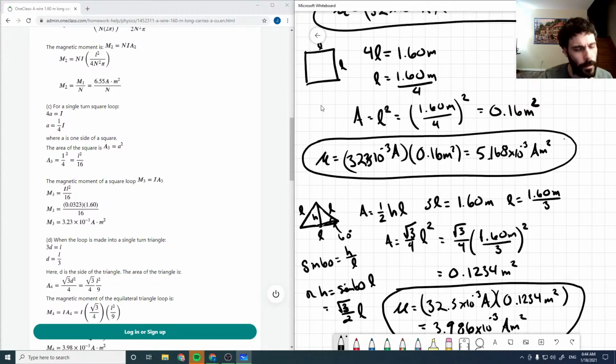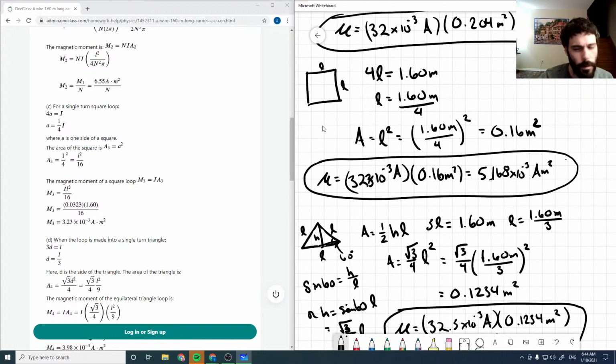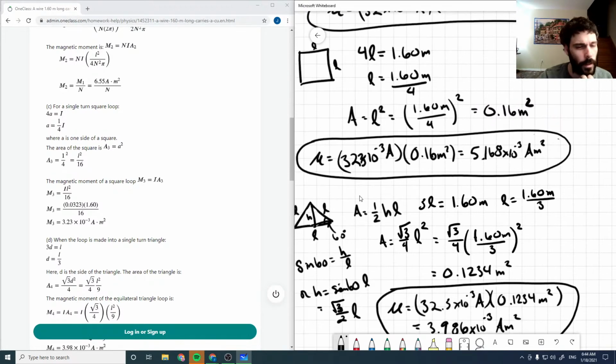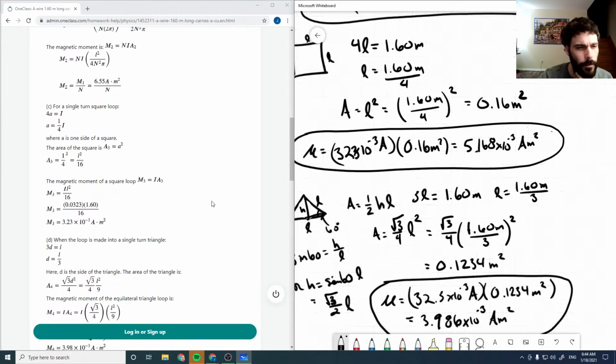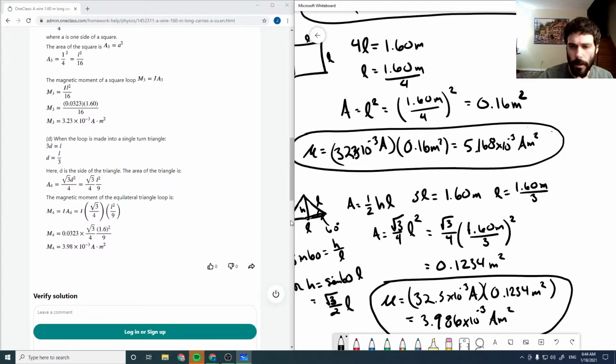So where's their area? Well, squared over 16, 1.6. If they actually did the calculation shown there, that would be off, because this is the magnetic moment I believe I get. So I think they're just wrong there.